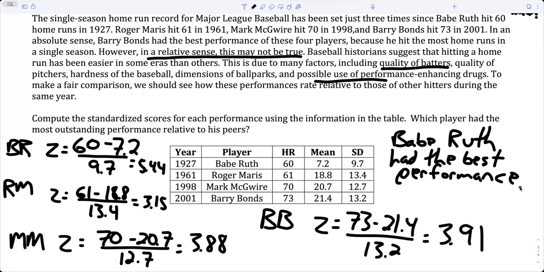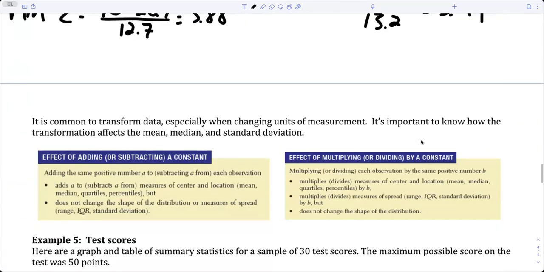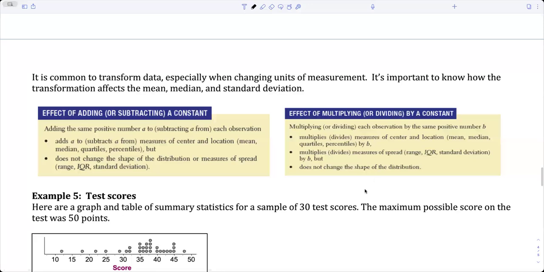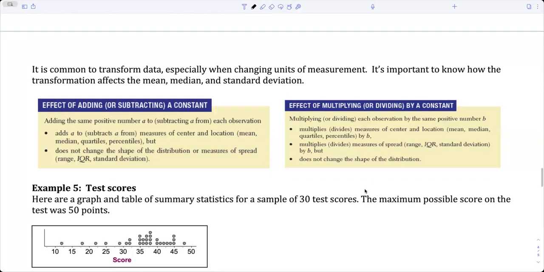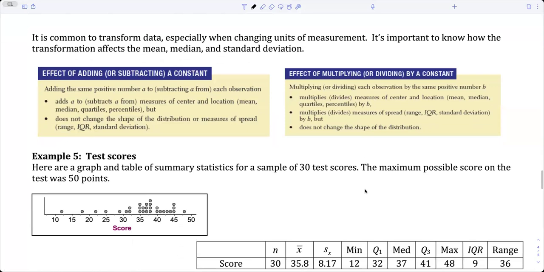We're going to do one more thing here. It is common to transform data, especially when changing units of measurement. It's important to know how the transformation affects the mean, the median, and the standard deviation. Okay, so we're going to look at 2 different scenarios here.